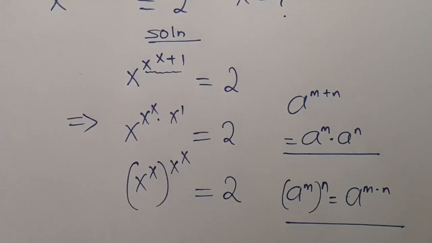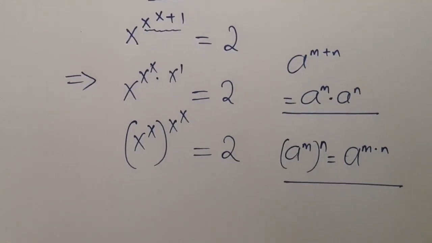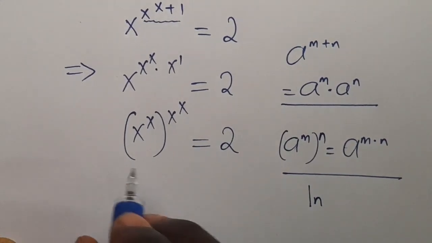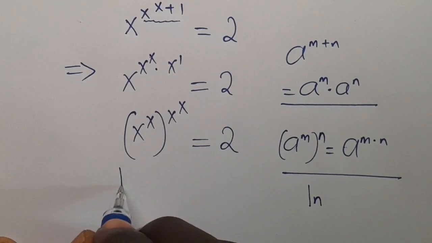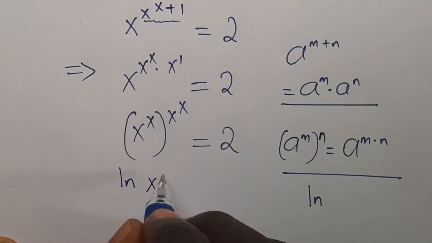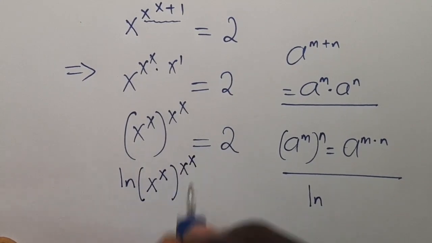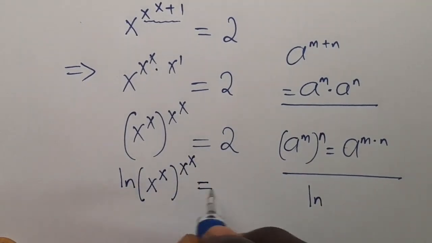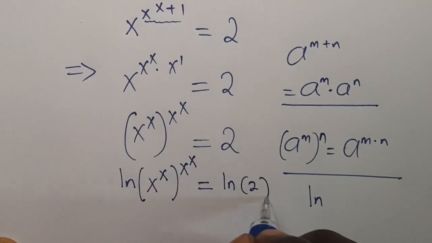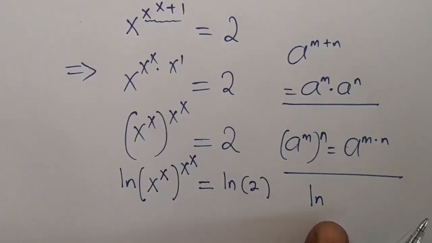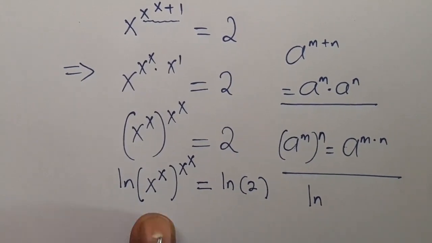Now guys, let us introduce ln to both sides. By taking ln of this, we have ln of x raised to power x, then raised to power x raised to power x, equals ln of 2.